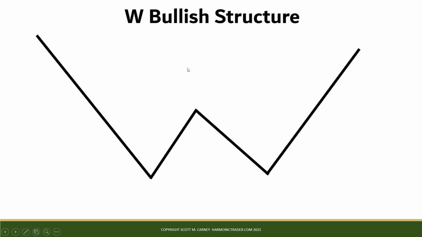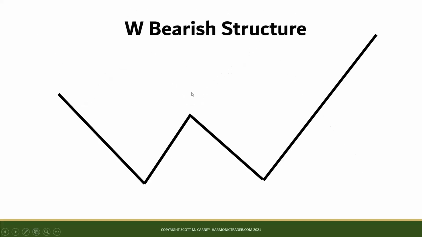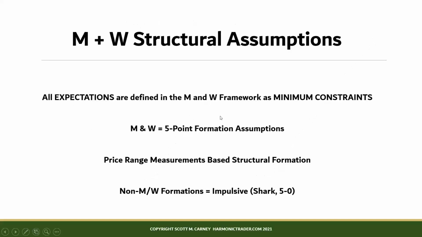There's a bullish structure, an M, and there's a W bearish extension structure. Now, I know this is very basic, but let's look at why these minimum constraints work within this 5-point framework, because that structural formation, those M's and W's, give us those metrics.